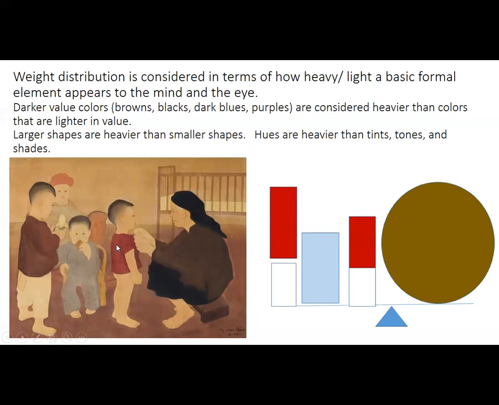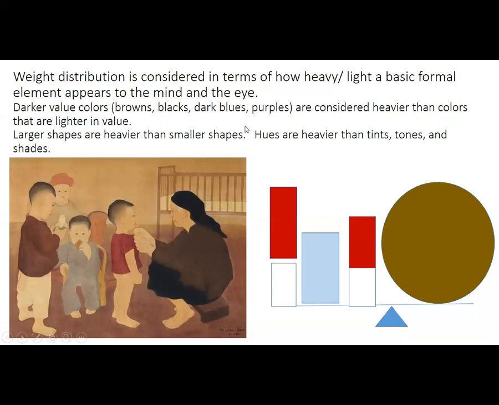They are medium to slightly darker tones, but there are much lighter values on this side. So the darker values on the right are considered to be heavier than these lighter values on the left.